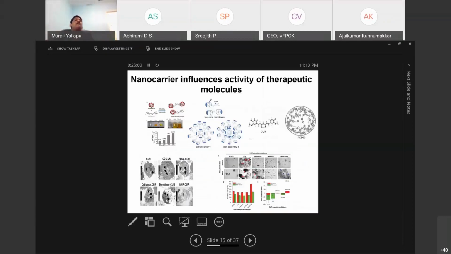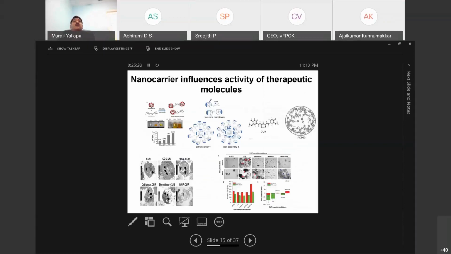And simply we asked in the beginning what type of particles we want to use. We just made like 6 different types of particles. Here you can see curcumin, cyclodextrin formulation, PLGA, cellulose based, dendrimer based, and magnetic nanoparticle based.